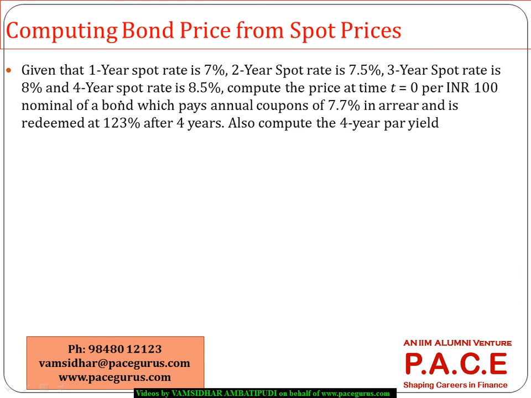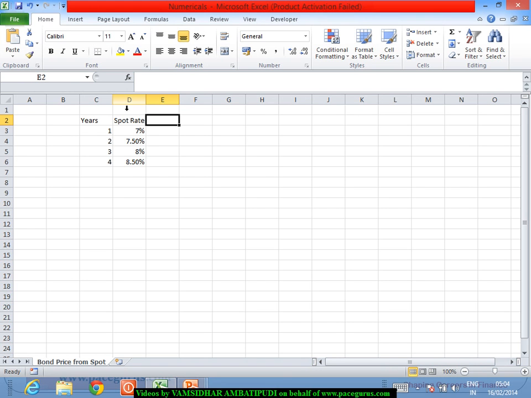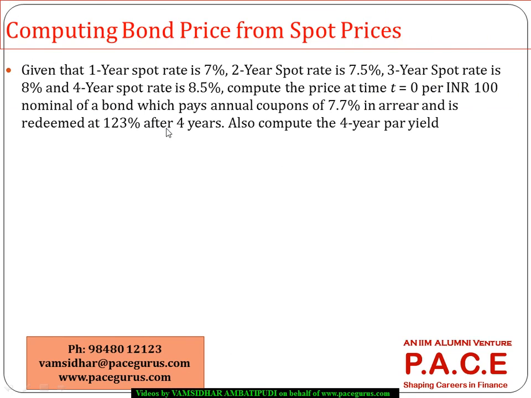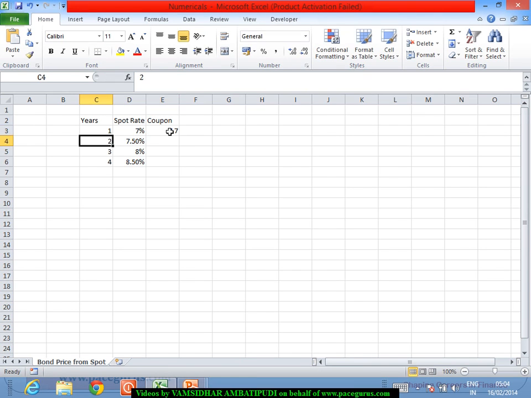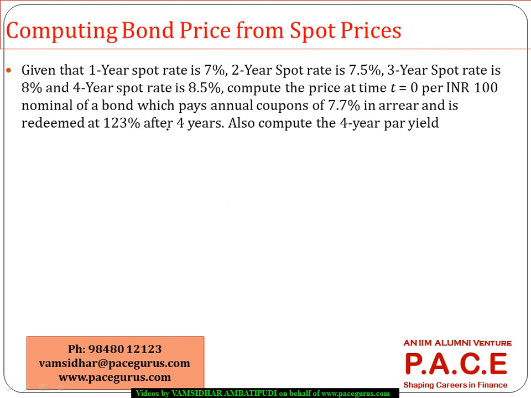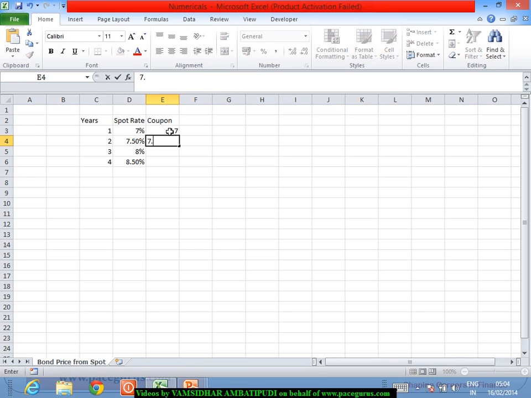Then compute the price of a bond which pays annual coupons of 7.7%. So the coupons that are paid for the bond at the end of the first year, some 7.7 is being paid. Like that, at the end of each of the 4 years, there is a 7.7 that is being paid as coupon.